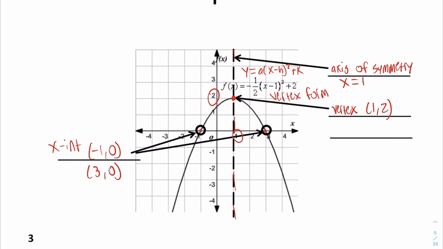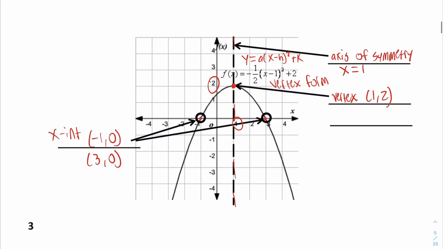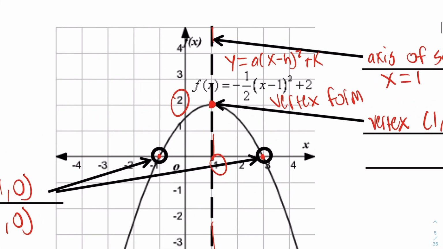It's pretty common for parabolas to have 2 x-intercepts, and they only have 1 y-intercept. Whenever you have vertex form, it's not very common that you'll have to find the y-intercept. We can kind of guess that maybe that's a 1/2, but since this is a curve, that wouldn't be a good guess to make.